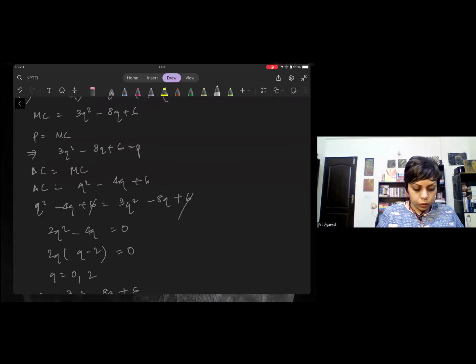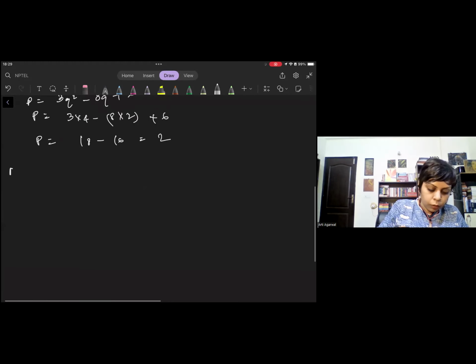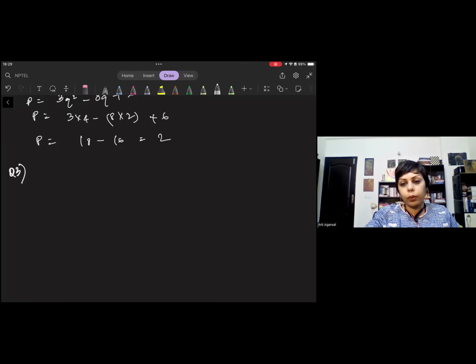So let's solve this question. The main thing to note here is that in the first part, it asks what is the socially optimal price and quantity of water? The main thing to understand is that the socially optimal outcome happens in the case of perfect competition.